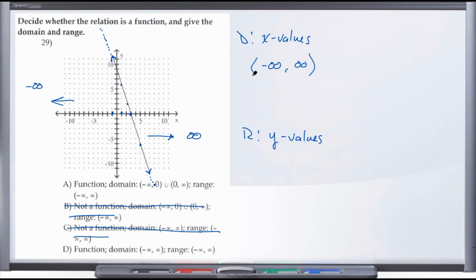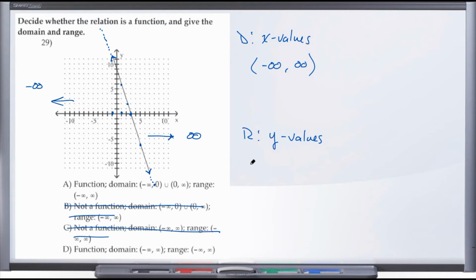We use parentheses when we don't want to include the value that we have listed here, and the reason we're not including infinity is because we don't know where infinity is. Since it's just a concept, we're going to use parentheses instead of brackets. We'll talk about brackets, I think, maybe in number 30.